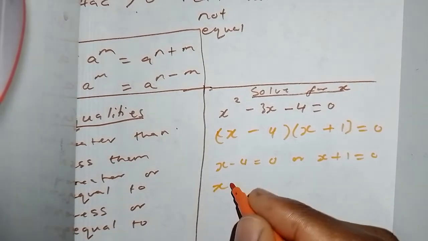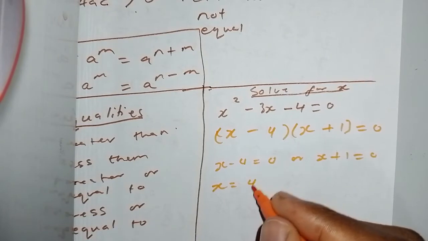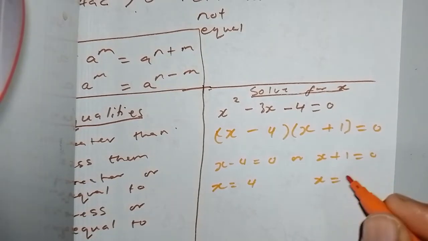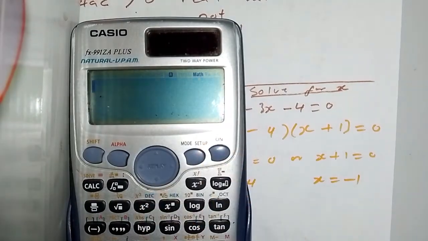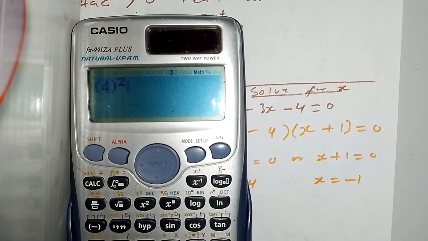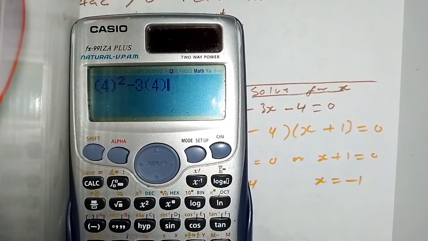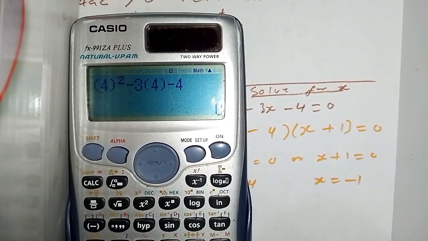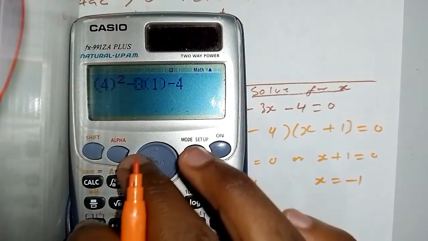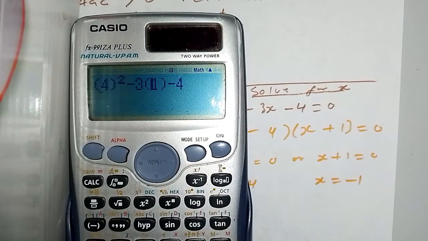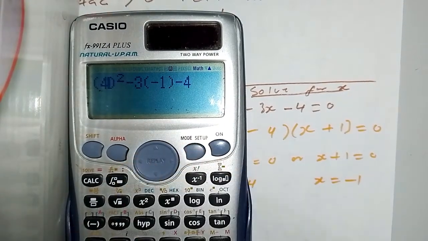Then x equals 4, or x equals minus 1. Let's just prove that. I have 4 squared minus 3 times 4 minus 4, which is 0. Correct. And then the next one, just add 1. Okay, it's not 1, it's negative 1, and that also gives 0.